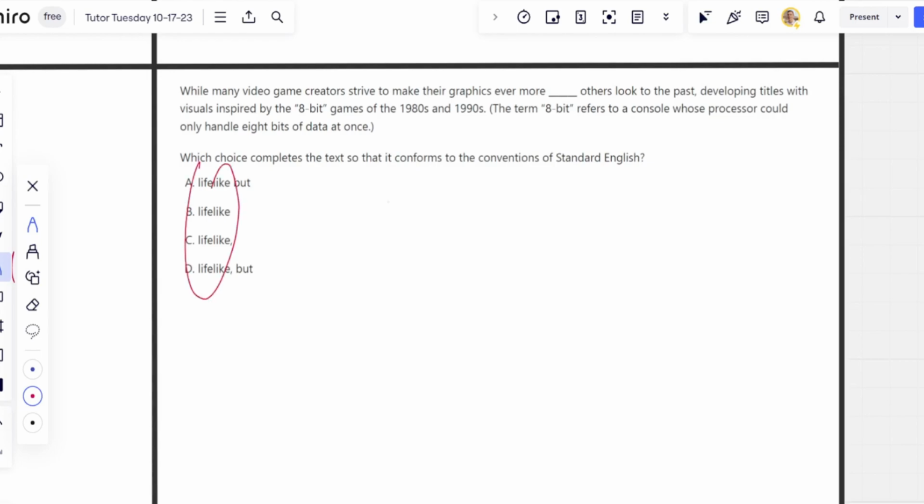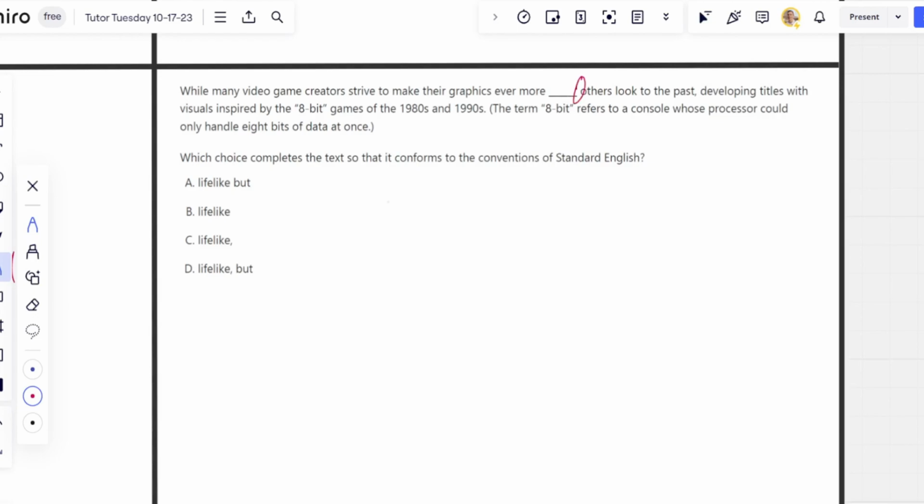Okay, so all these, we're not choosing the vocab word here. They're all saying lifelike, but we're just trying to choose the punctuation, matching this to the conventions of standard English. While many video game creators strive to make their graphics ever more lifelike, others look to the past.